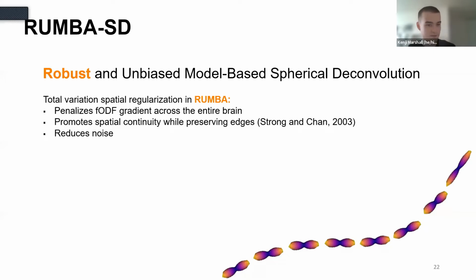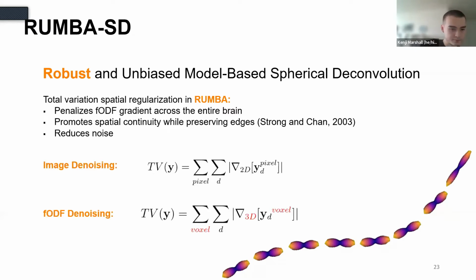And once again, this tries to promote spatial continuity while preserving edges. So rather than promoting continuity in these patches of image intensity, it'd be promoting continuous streamlines like the curvy streamline I have shown here. And ultimately, this reduces noise in our FODF estimation. So the math is pretty similar as in the image denoising case.